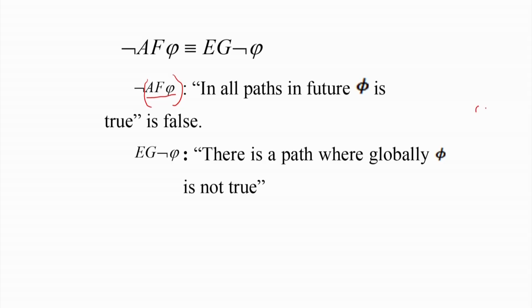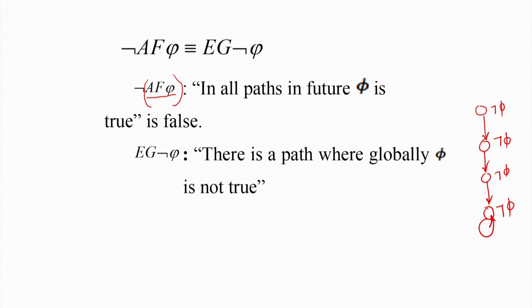That means if in a particular path phi is not true, then at least in this particular path phi is not true globally.